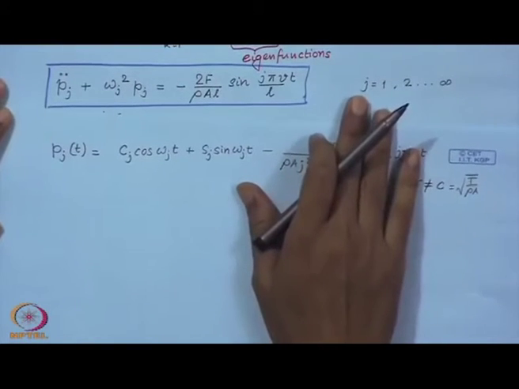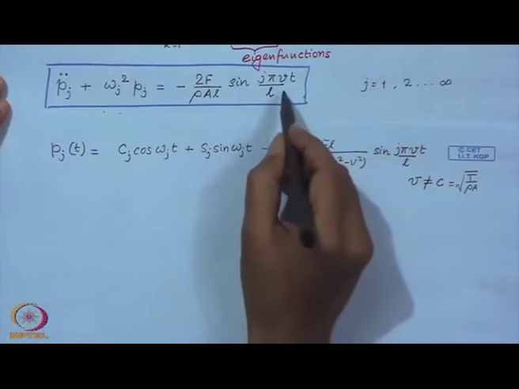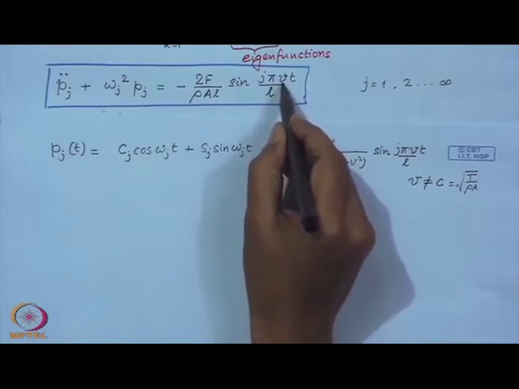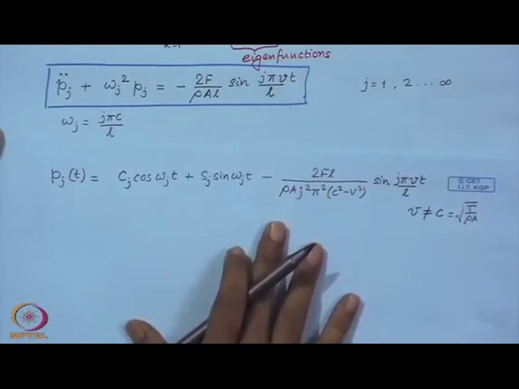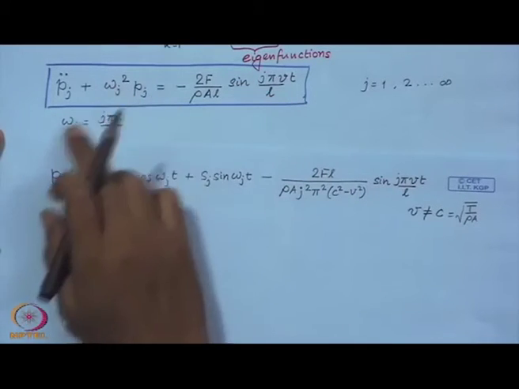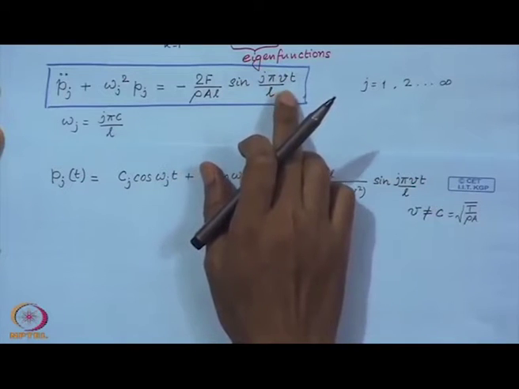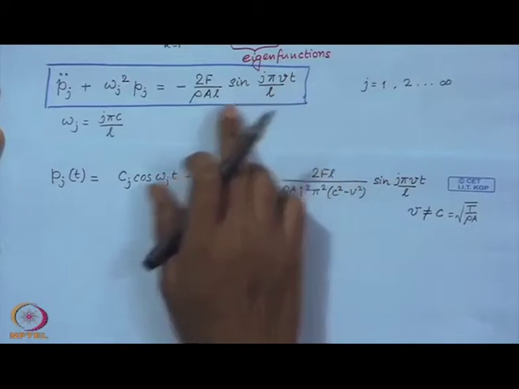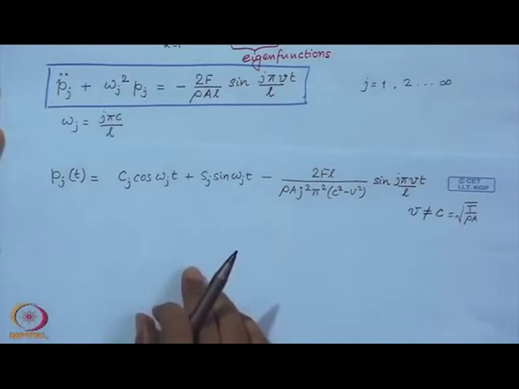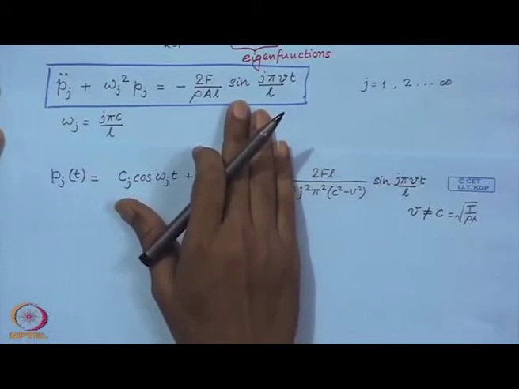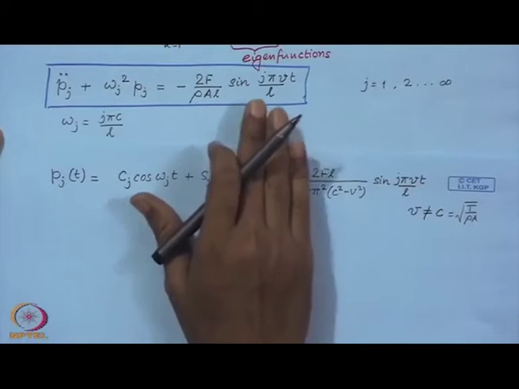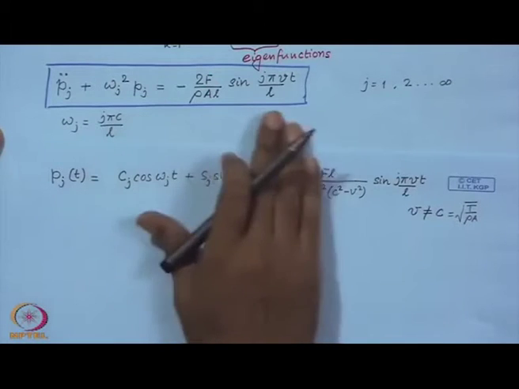So, you see, when V equals C, and if you look at this omega j, then you will realize that when V equals C, this becomes a resonant forcing of the string in the jth mode and therefore, in all modes.